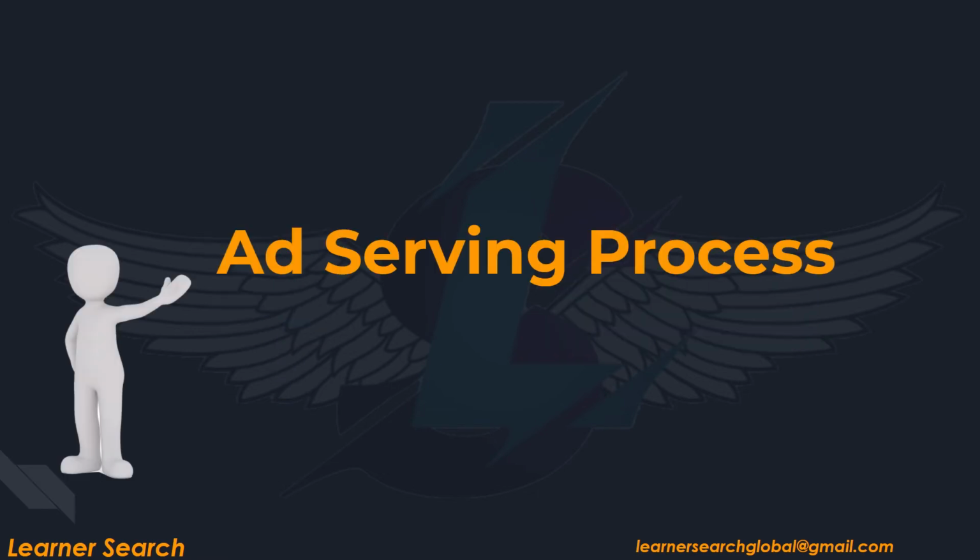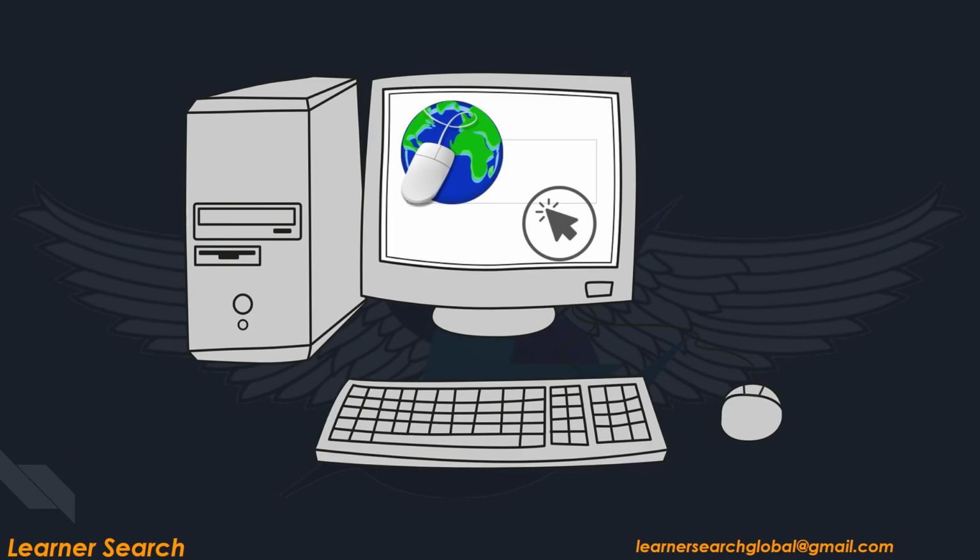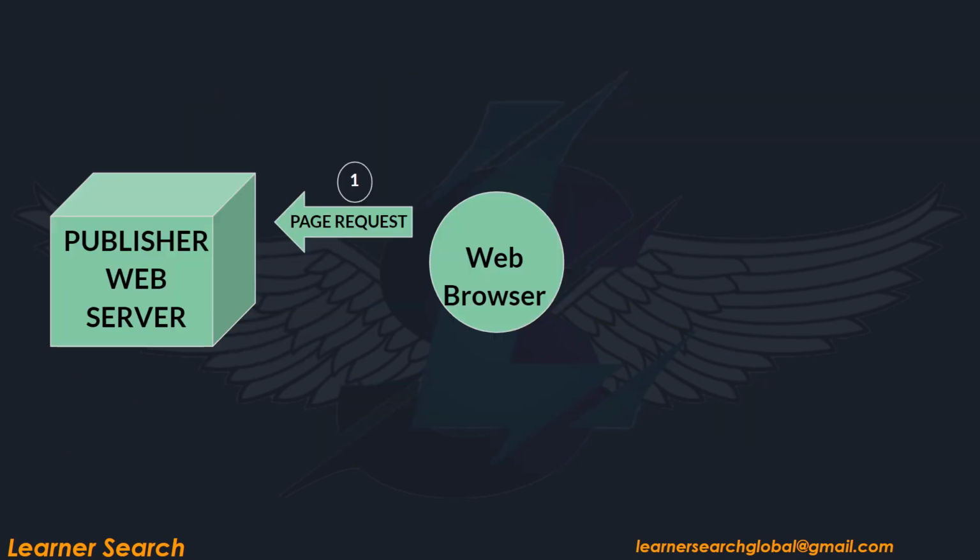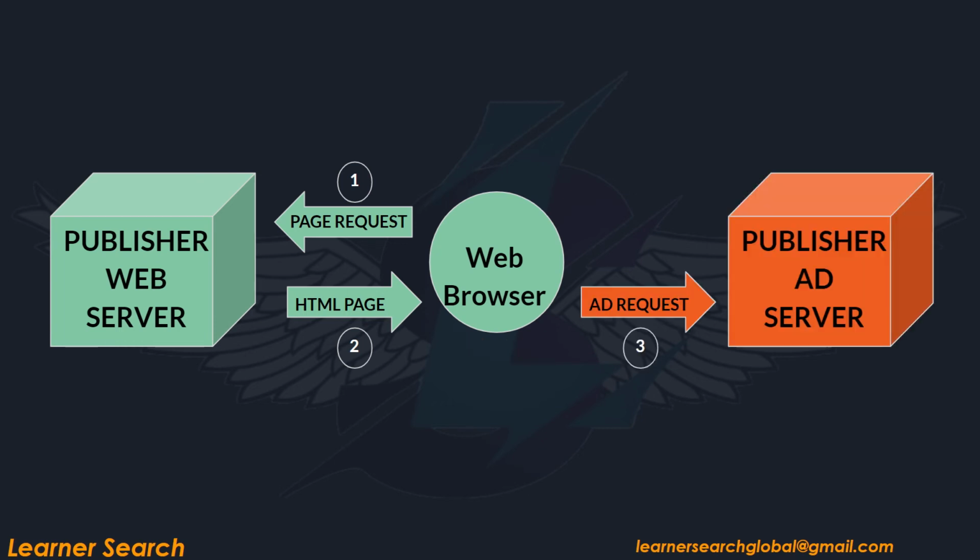Finally, when compared with the old process, let's see the difference. When a user visits a web page, the browser requests a page from the publisher web server. The publisher web server receives the page request and replies with an HTML page that contains media content. The browser also reads separate code known as an ad tag in the respective ad slots and directs the ad request, not to the publisher web server this time.